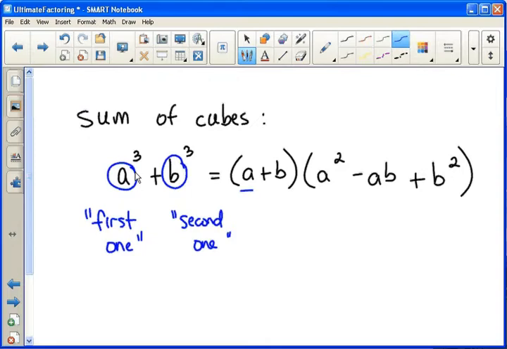First one, second one, first one squared, first one times the second one, second one squared. The first sign is the same, the second one is not, the last one's always positive, and that's what you got. So if you learned this same rhyme with me in the previous lesson, then you can remember the same one for this.